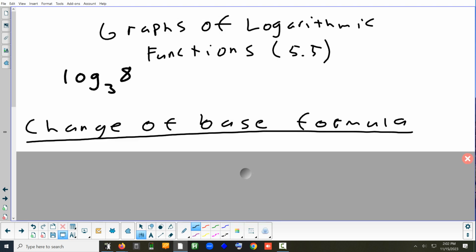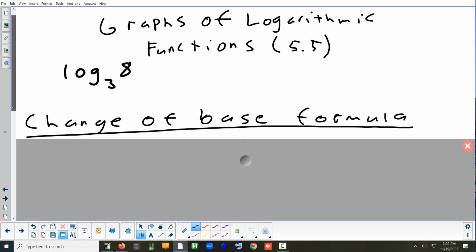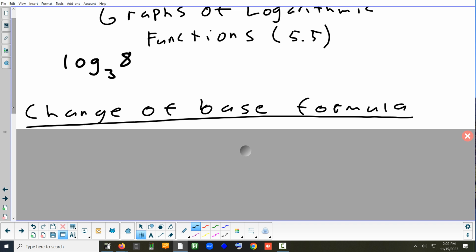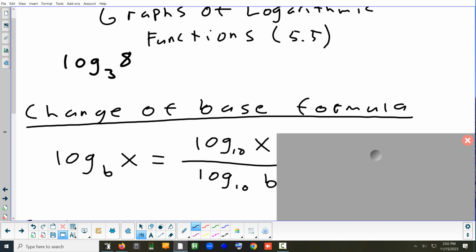The way that you can type in a log that has any base is called the change of base formula. Okay, it's extremely easy to use. There's actually two different ways you can use it. I always pick one and I stick with the same way all the time. If you have something that doesn't have a base of 10 or E, one way to type it in on the calculator is to use common log, base 10.